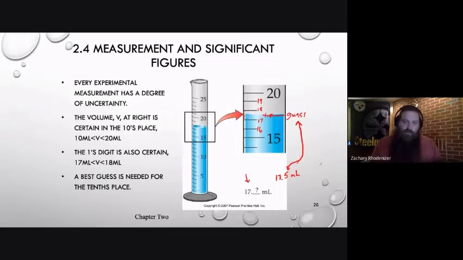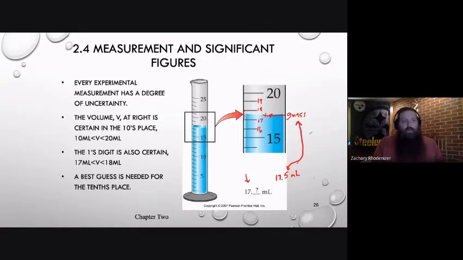So when your math teacher says, don't give me calculator overflow, I don't want to see 17.59736, yada yada yada, the reason is we don't have a lot of measuring tools that can go to that many decimals. When you start adding decimals of accuracy, you get very expensive very quick.